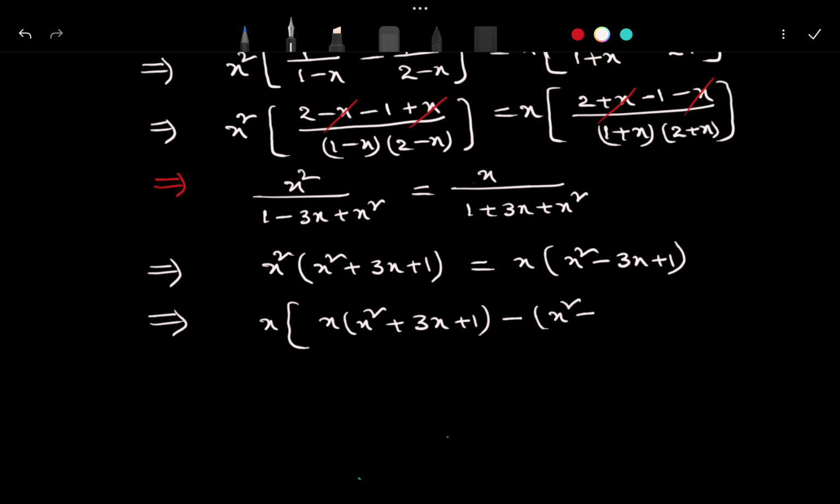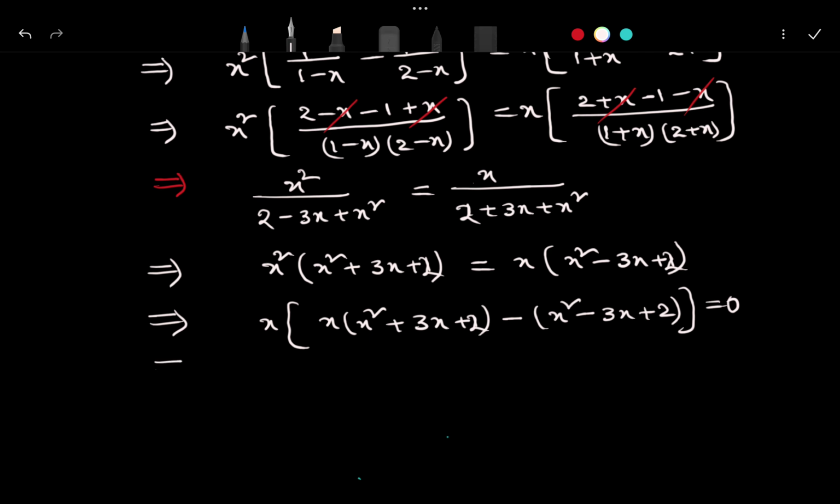Sorry, in this one you will get plus 2. Here you will get plus 2, here is nothing but plus 2, right? Now here also plus 2, here also plus 2. So now this will be 2x square minus 3x plus 2 is equal to 0.